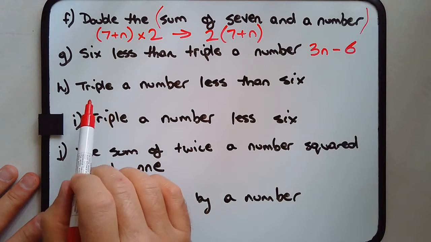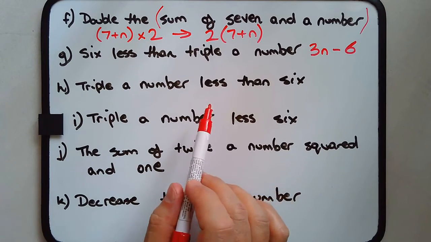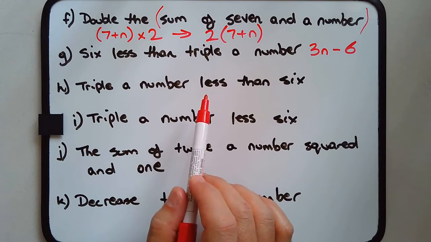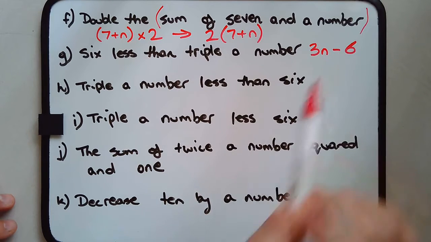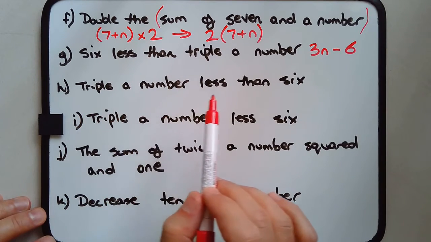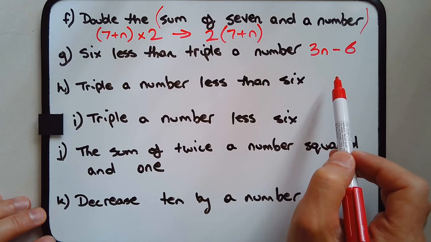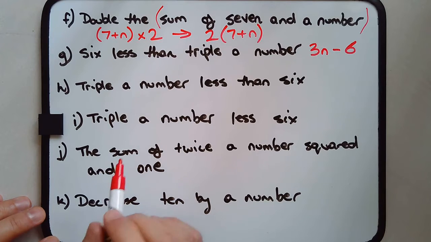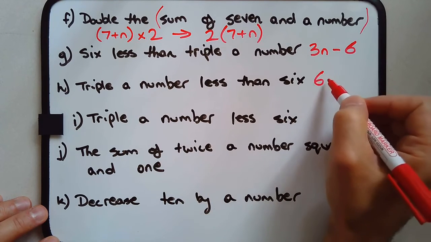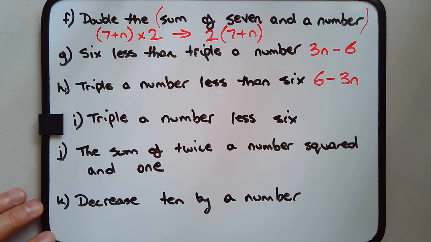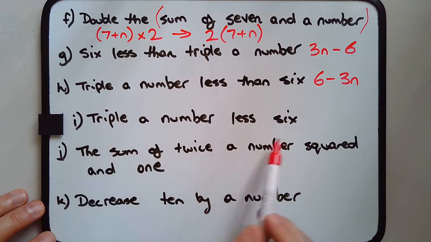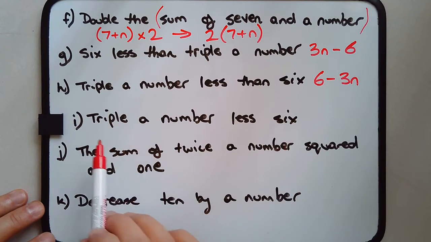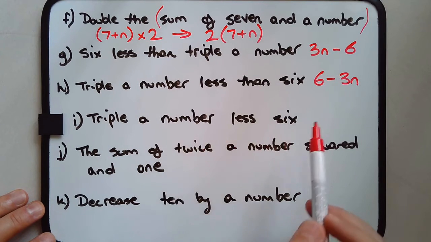Now again, I'm going to highlight the importance of order, especially when it comes to operations such as subtraction. Triple a number less than 6. What are we starting off with first? 6 minus 3n. And again, something worded slightly differently: triple a number less 6.